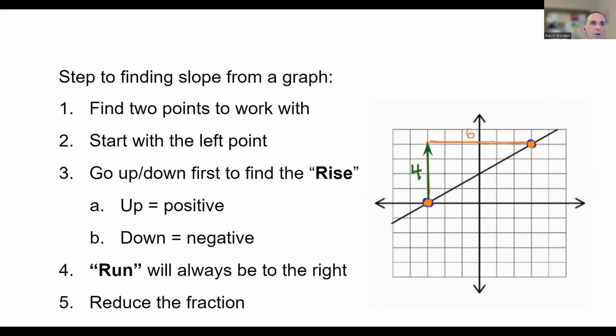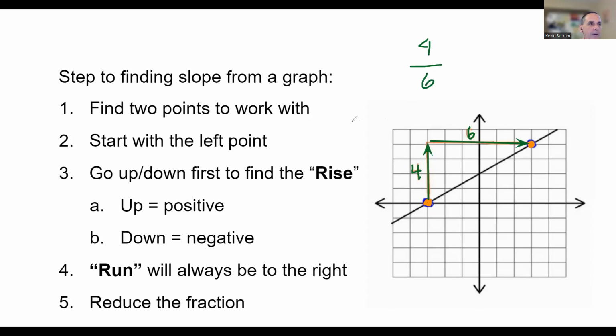Then we go across to get to that second point, and we have to go across 1, 2, 3, 4, 5, 6 units. So that's 6 across. So our rise in this case was 4, and it was a positive 4 because we went up, and our run was 6.